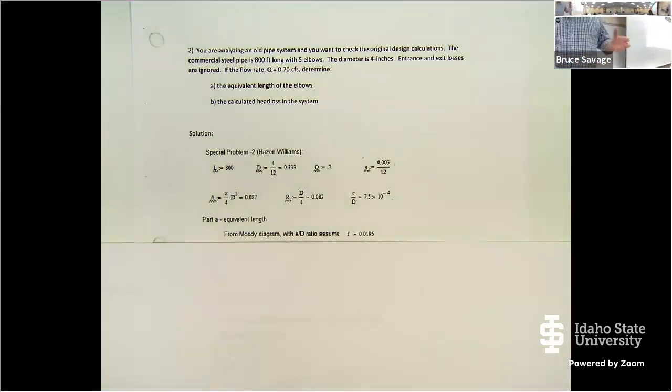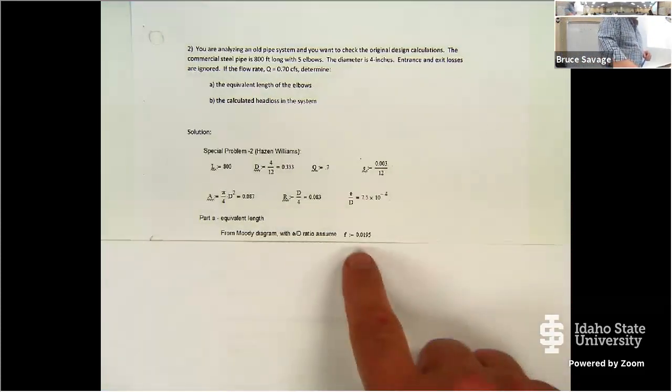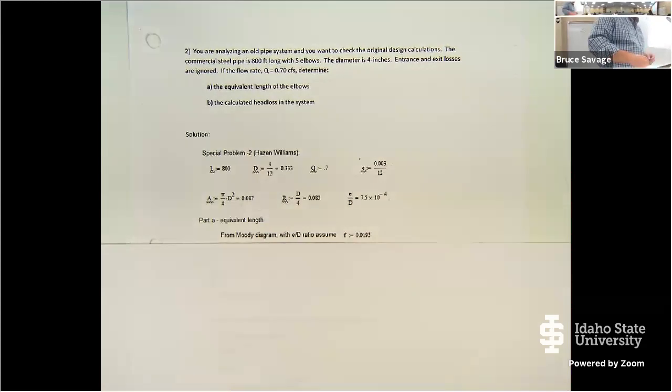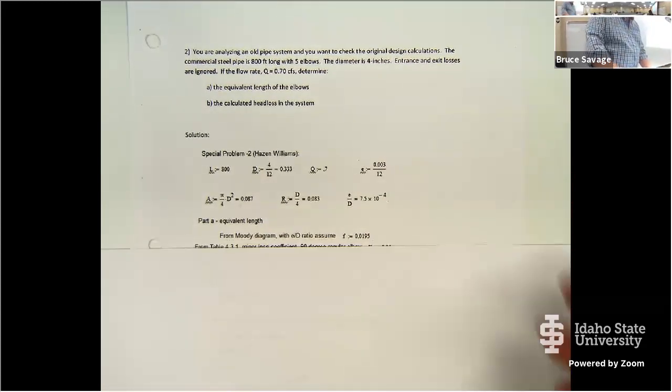You should remember how to find the friction factor from fluids, but we'll cover that again. Just say this is the friction factor we're going to have. All this is information that is given to you.